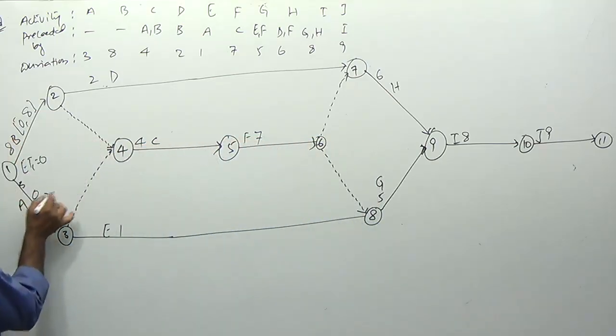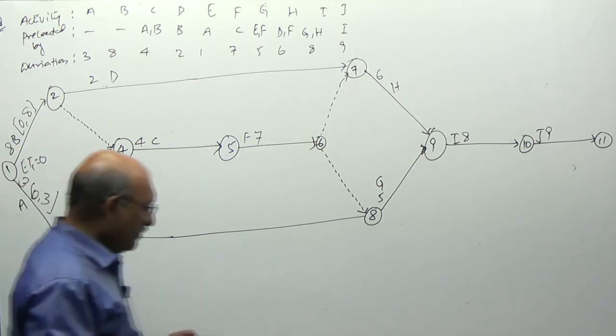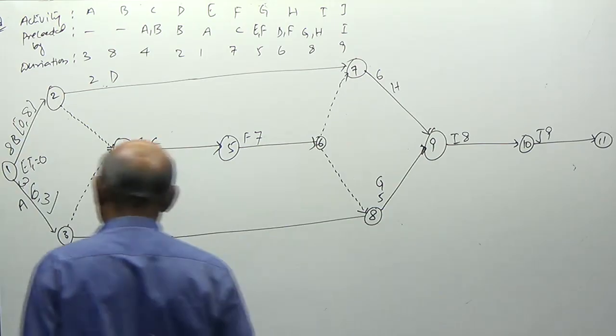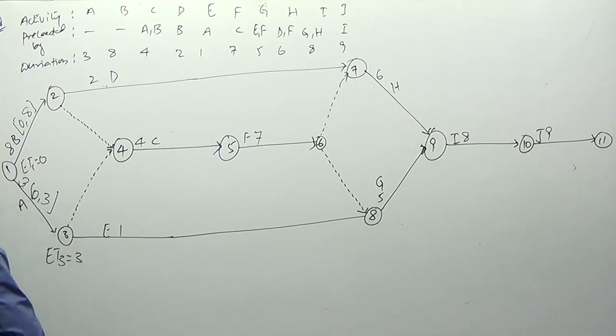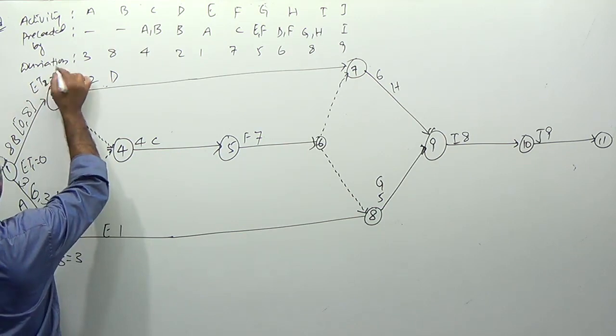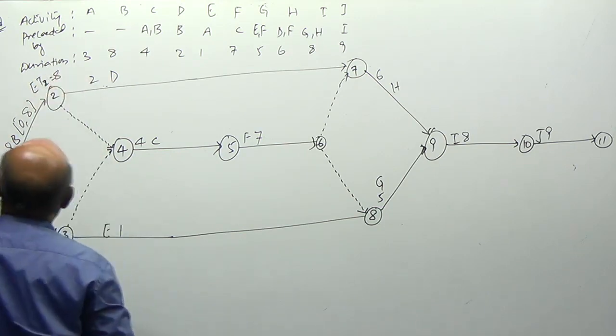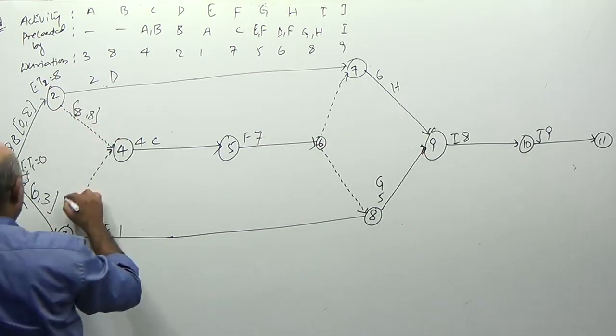Starting on the 0th day, you complete on the 3rd day, because activity A will take 3 days. So on the 3rd day you are at node number 3, and on the 8th day you are at node number 2. 8, 8. This is 3, 3.